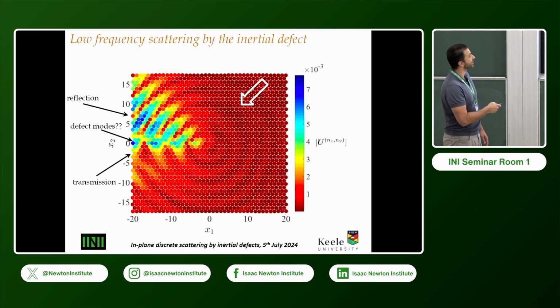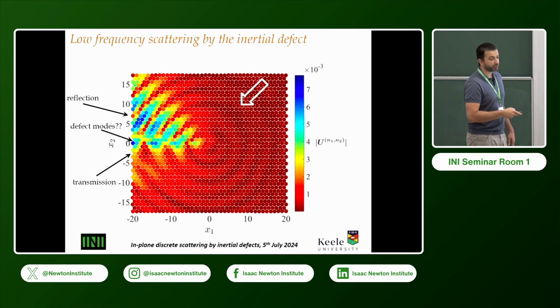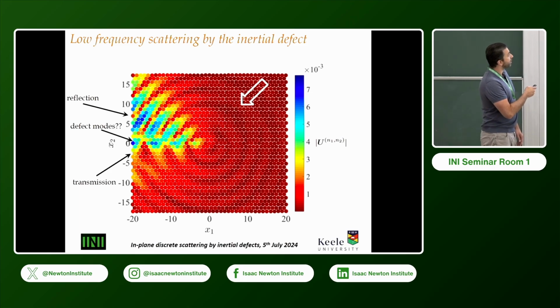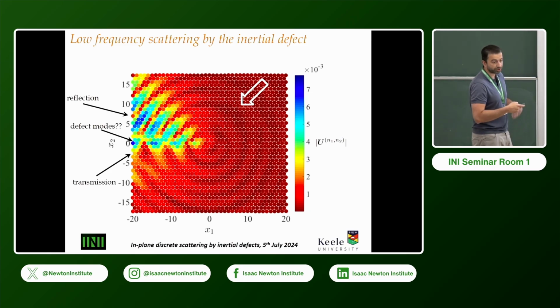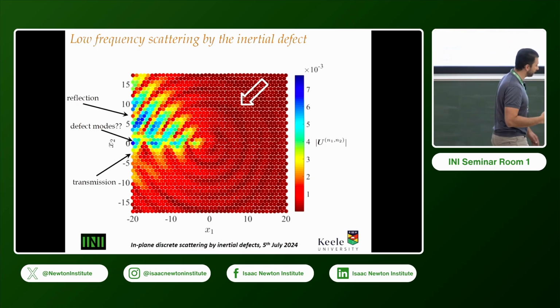At low frequencies, this is looking at the scattered field, so total displacement for the scattered field. This arrow is just indicating our incident wave is having this incident angle for this computation. What you'll see is you get some reflection from the defect, this inertial defect, of course, as you'd expect. At certain frequencies, what you have are defect modes, and Sasha spoke a bit about this earlier.